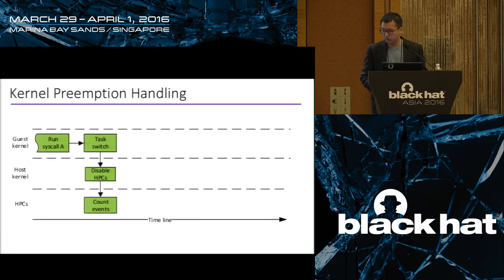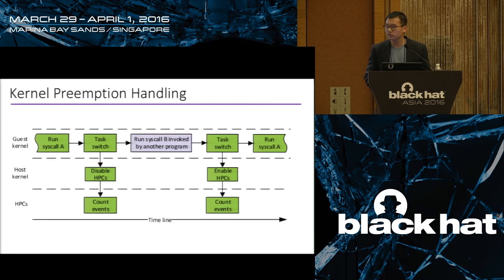Here's a simple example of kernel preemption handling, which basically means one syscall interrupts another syscall. While we're executing a syscall and another syscall comes and interrupts it, we do a task switch and disable the performance counter. Then we execute the interrupting syscall, and once that finishes, we switch back and re-enable the performance counter.